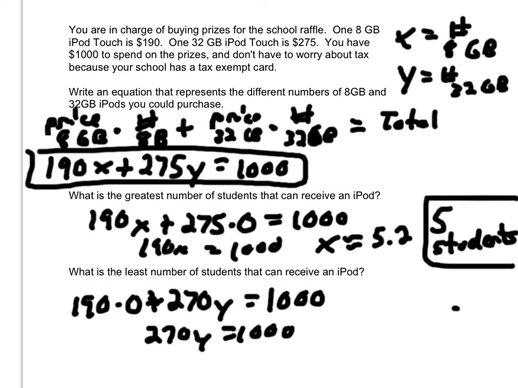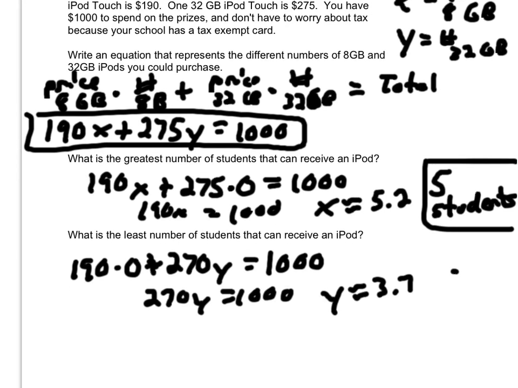If we divide 1,000 by 275, then we're going to get about 3.7. Does that mean we're going to be able to get 3 students an iPod or 4 students an iPod? Well, 4 is going to be too much money, so it's going to be 3 students.